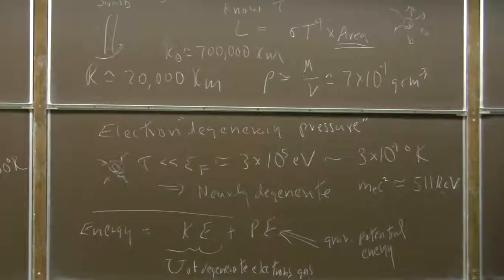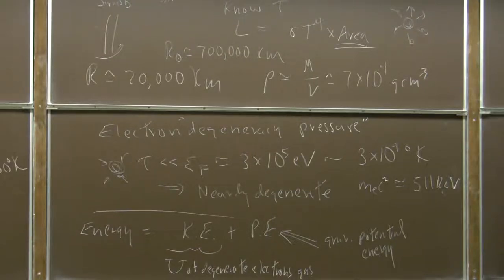I can say it's minimized at a value of r, which up to factors of order 1 is going to be 1 over G m squared times h bar squared over m_e, mass over proton mass to the 5/3. So if I just differentiate with respect to r and set it equal to 0, I get something like that.